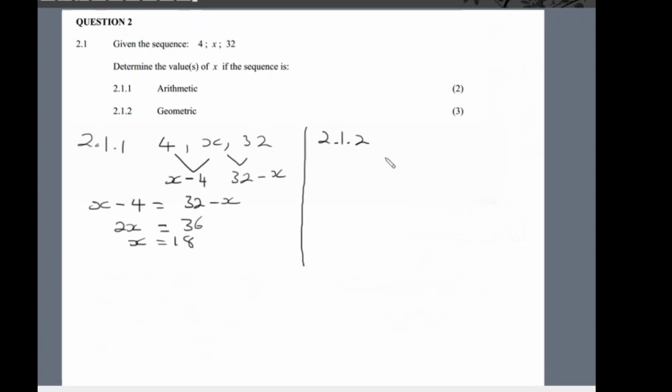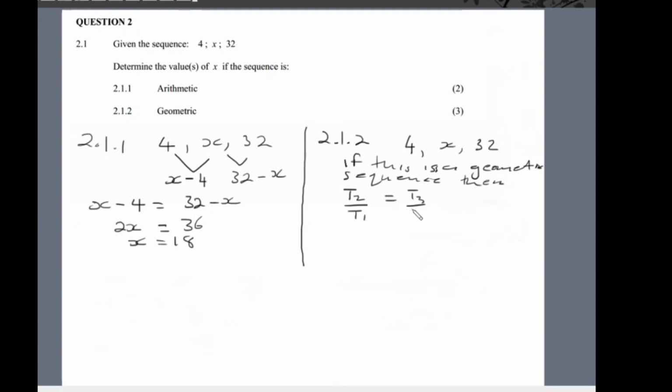2.1.2. If this is a geometric sequence now, for 4, x, 32, then term 2 divided by term 1 is equal to term 3 divided by term 2, because we have a common ratio there.